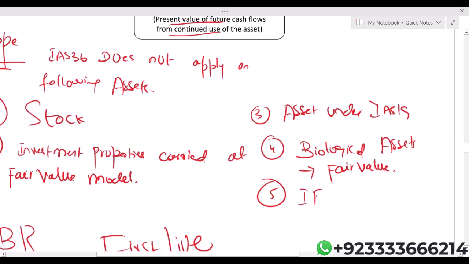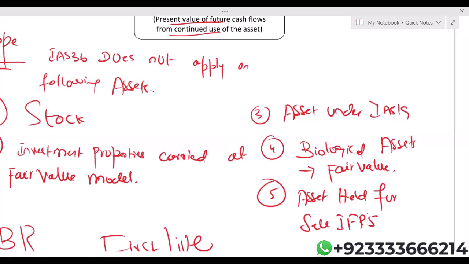Another is the asset under IFRS 5, that is an asset held for sale. So simply, that is a non-current asset which is held for sale.